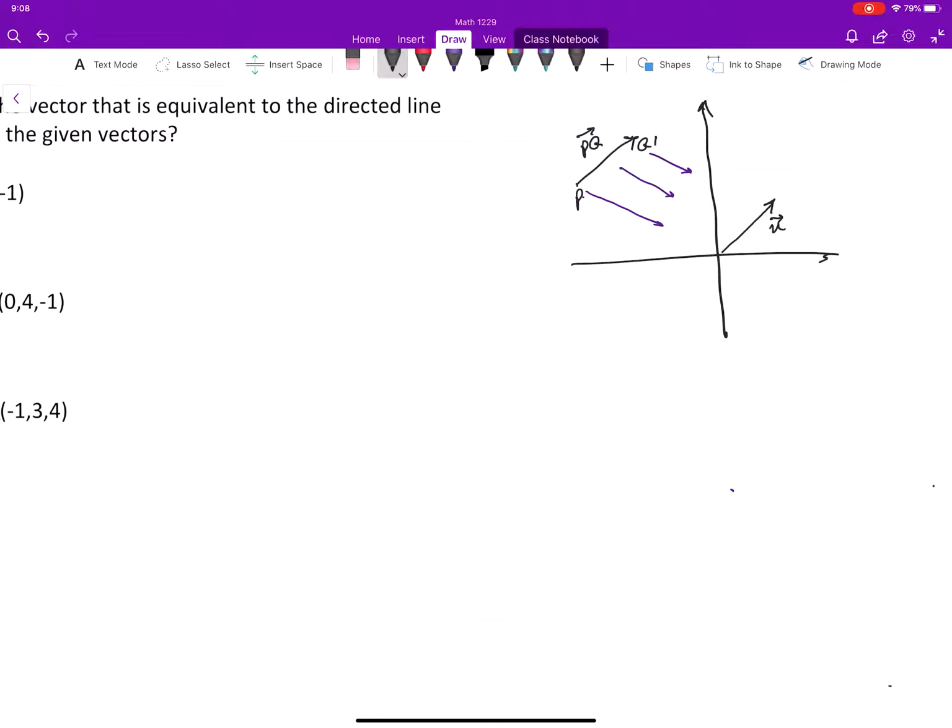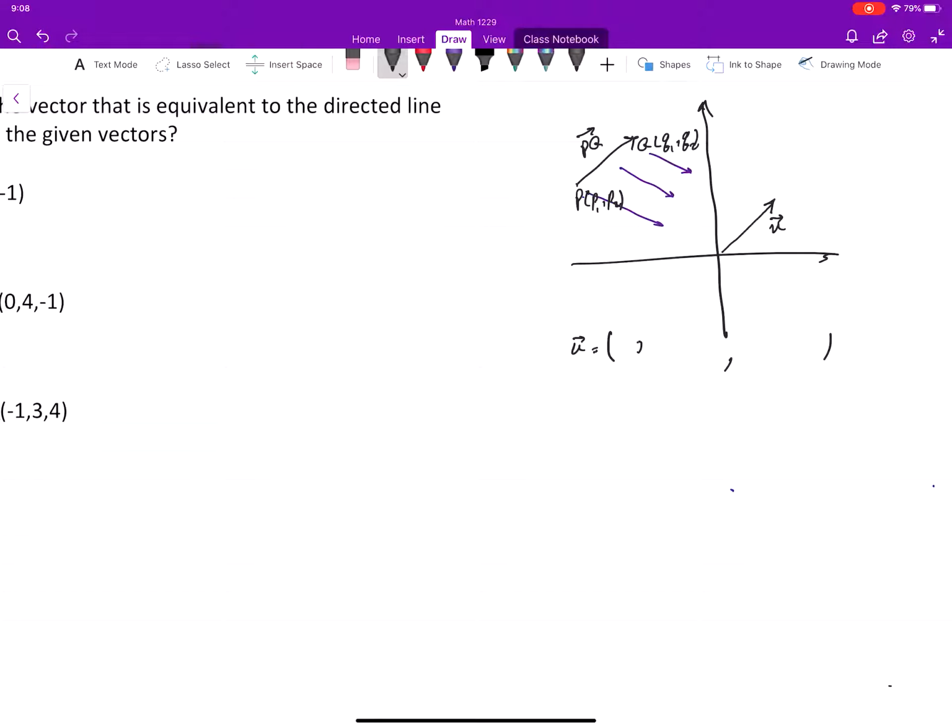Well, that comes from the fact that if Q has components Q1, Q2, and P has P1, P2, the vector U, which is going to have two components, every component is made by subtracting the corresponding coordinate of the endpoint minus the starting point.